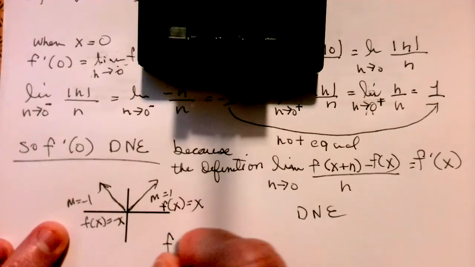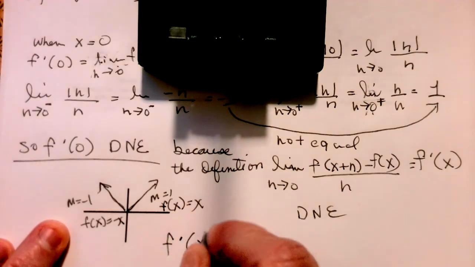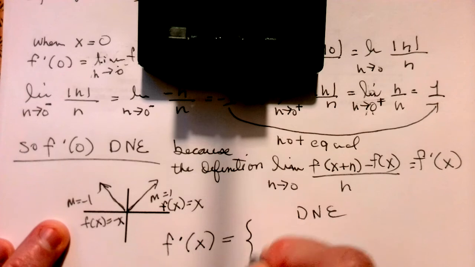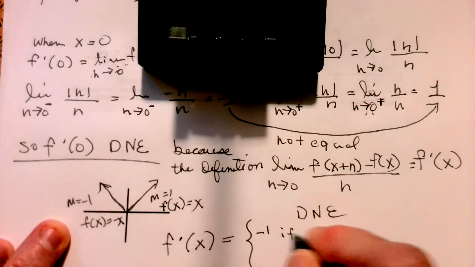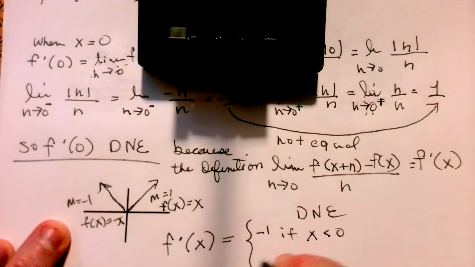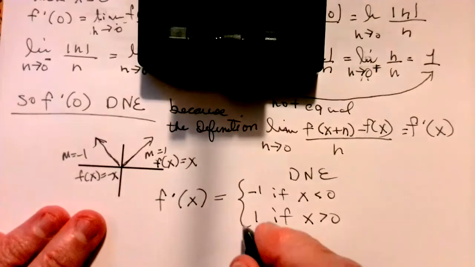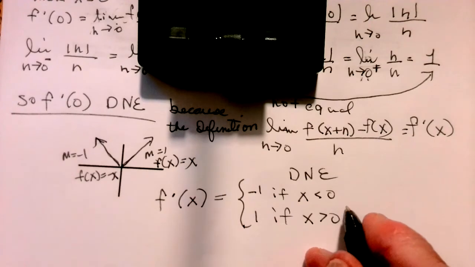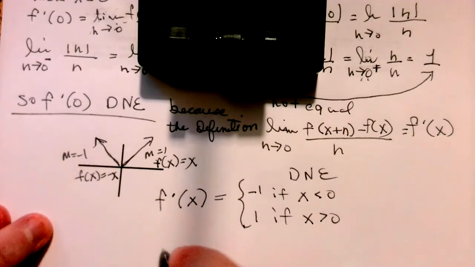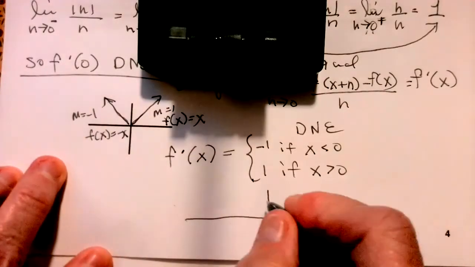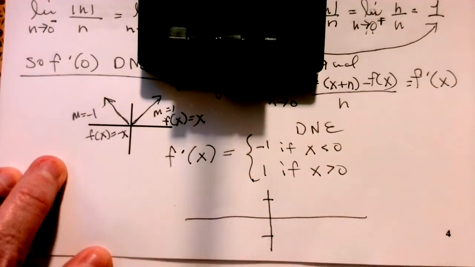So actually, my derivative looks like this. It's a piecewise function. F prime of x equals minus 1 if x is less than 0, and it's equal to 1 if x is greater than 0. And if x is equal to 0, it does not exist. Now, if you graph this, it's going to look kind of like this. Say this is 1 and this is minus 1.